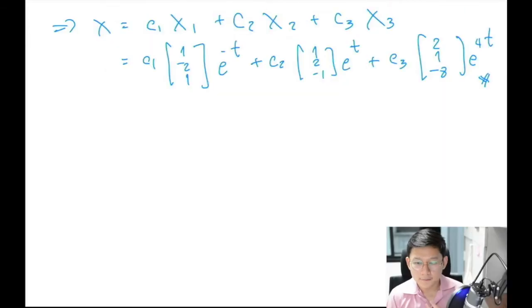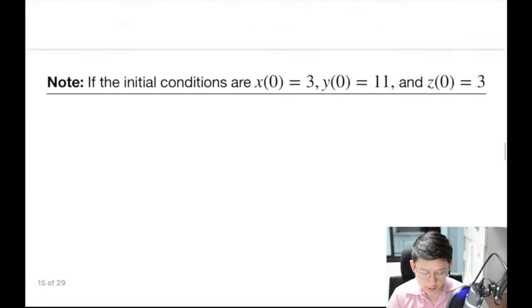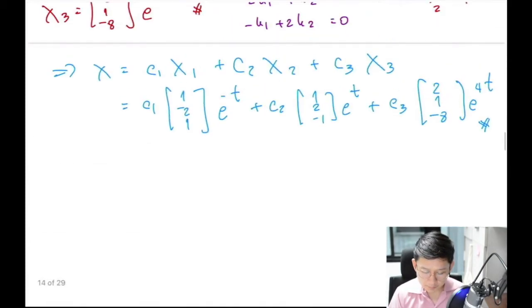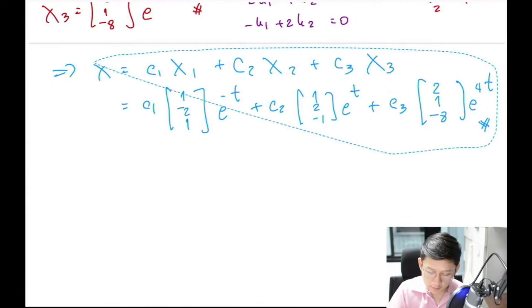Okay? And for this question, if we do have the initial conditions that x0 is 3, y0 is 11, and z0 is 3, in that case, we can compute c1, c2, and c3, right? So from here, we obtain the solution. Let me copy it here.